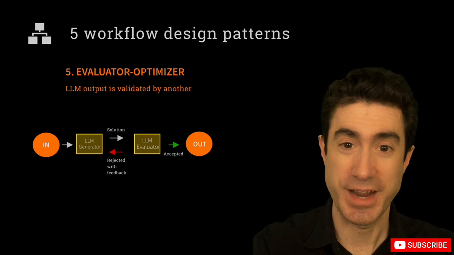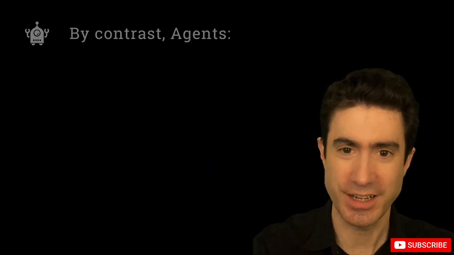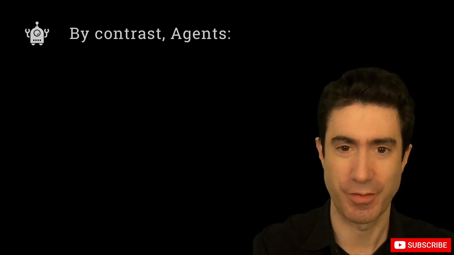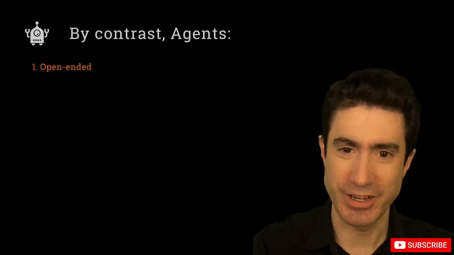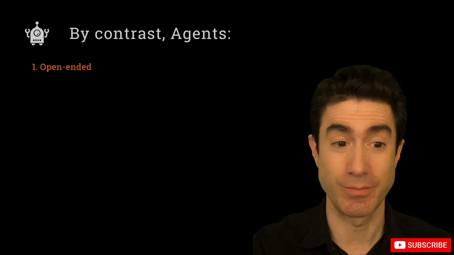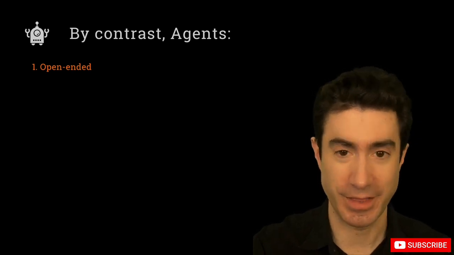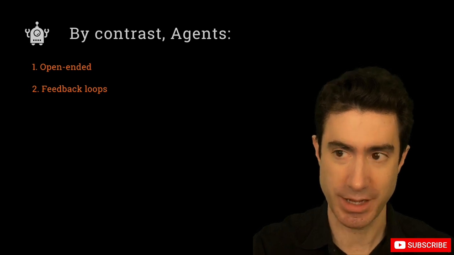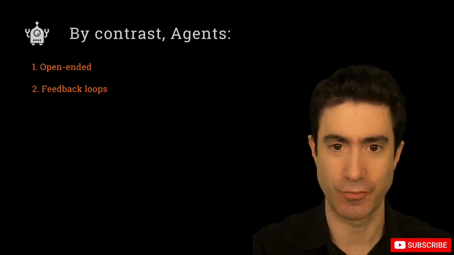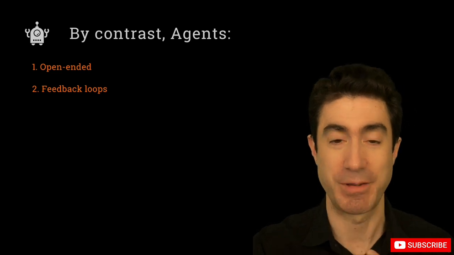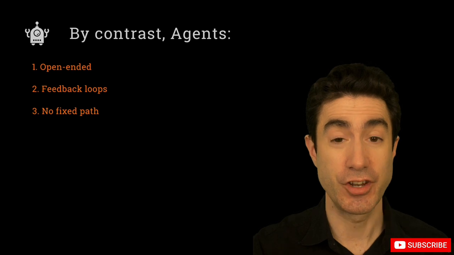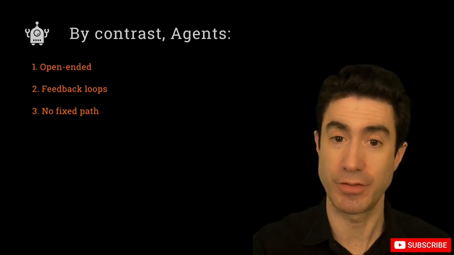And so with this, we now turn to the other category, the second category of agents. By contrast with the workflow patterns, with agents, the process is more open-ended. It's something that can keep going. It has feedback loops. It's typically a design that allows for information to come back and be processed multiple times. And importantly, there's no fixed path through the design pattern.